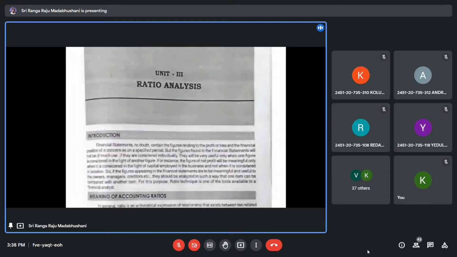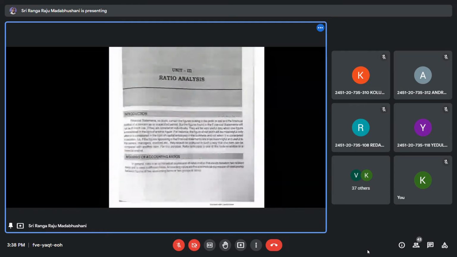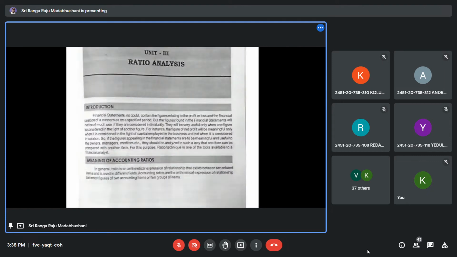The fifth unit, a continuation to this. See, if you are not responding, then I don't know whether you are listening or not. Are you able to follow or not? I am unable to know anything.